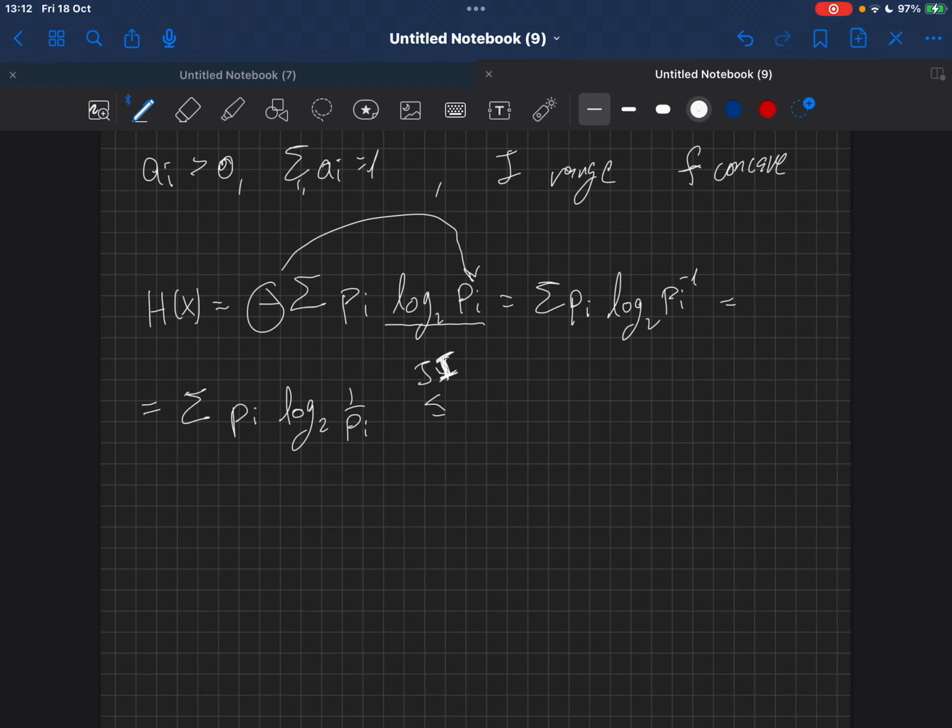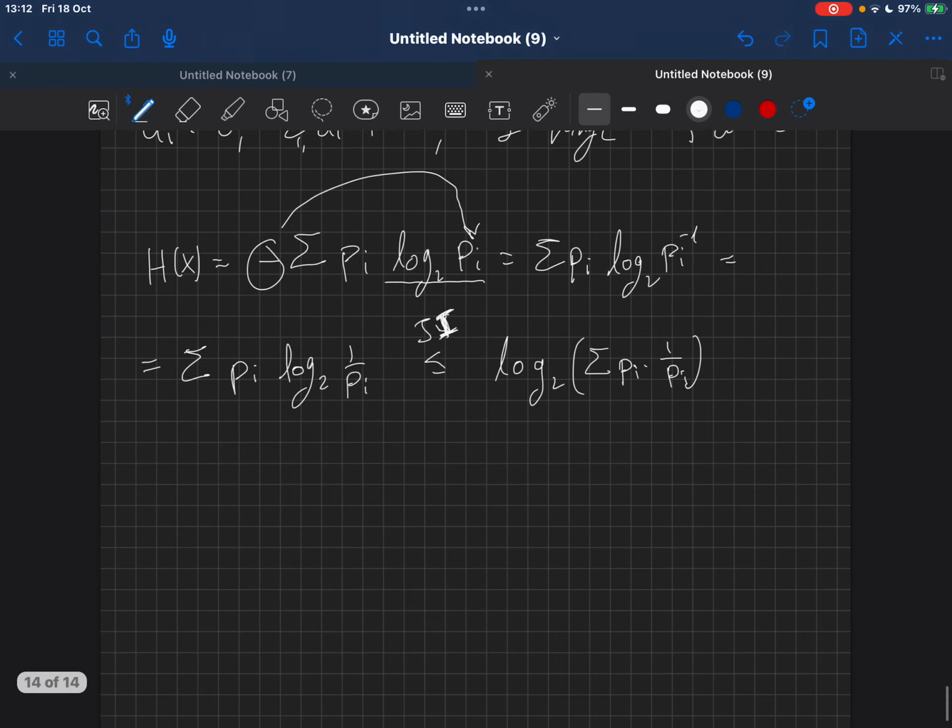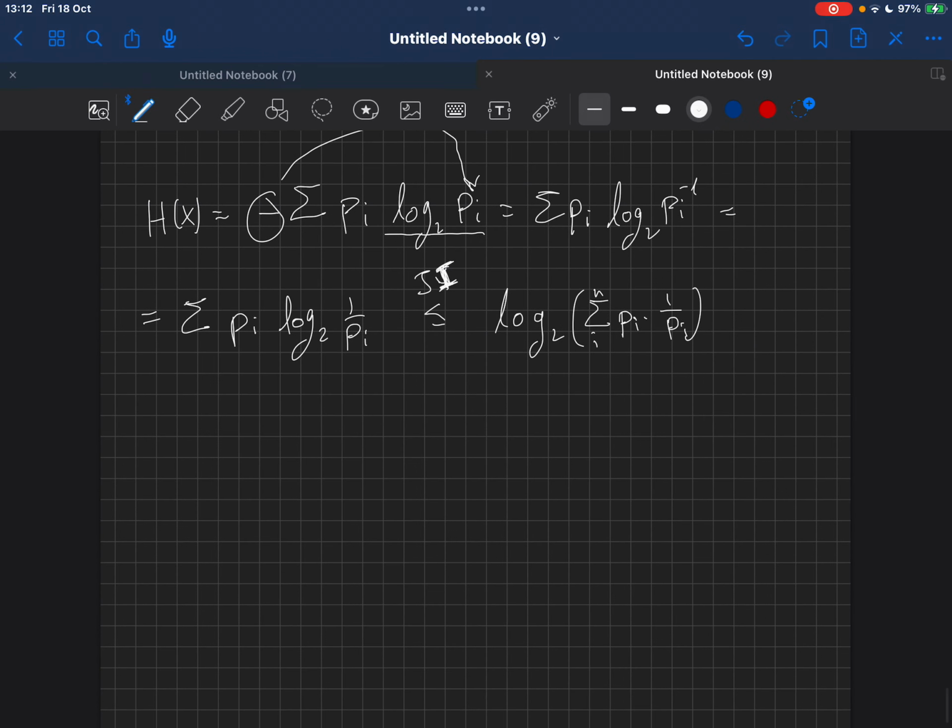So I can say that this is less than or equal to the log base 2 of the sum of p_i times 1 over p_i. Oh, I forgot the sum, yes, like this, of course from i to n.